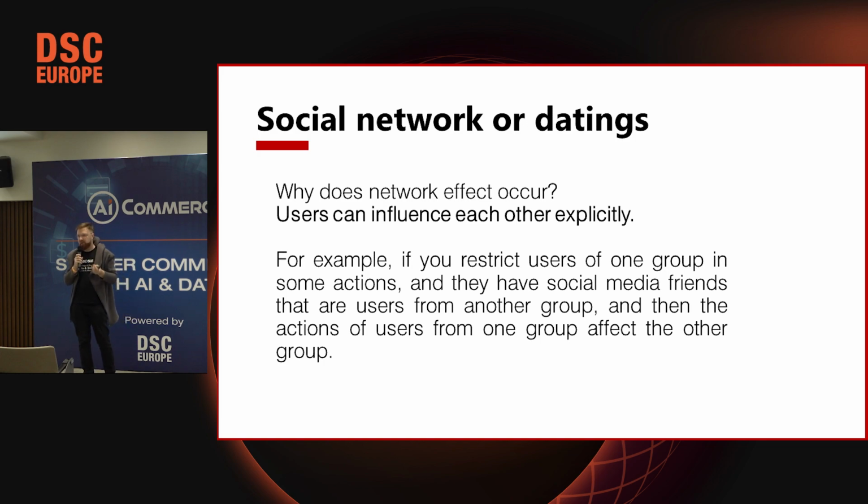But in this case, they spend less time on friendship, messengers, and likes, and of course they have friends from group B. And in this case, it affects group B, and we can see that our modification of version A provides some unpredictable result for group B.